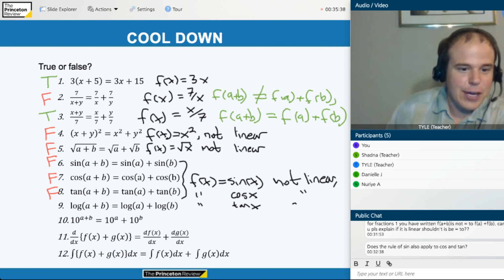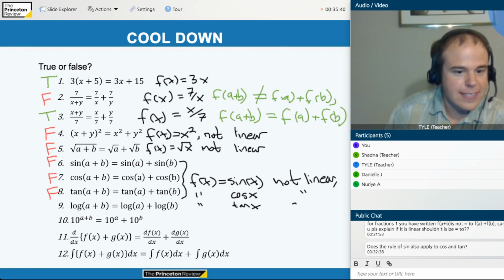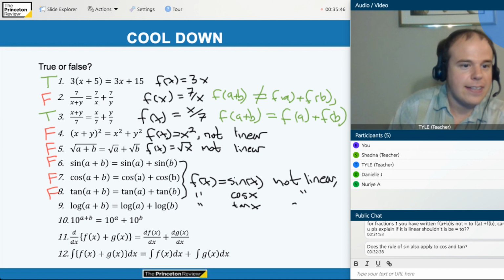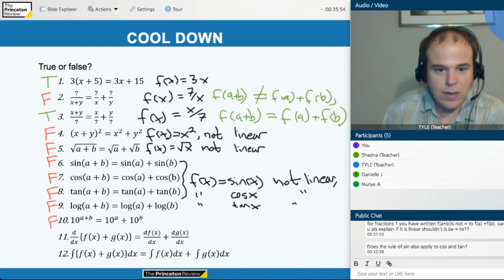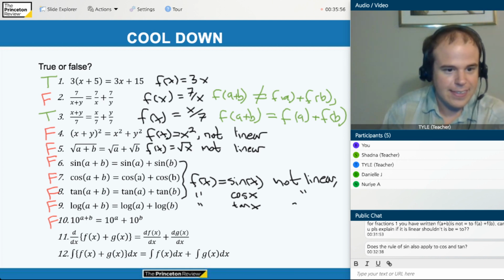All right, same thing for logs, same thing for exponents. I included these 2 calculus ones because it turns out that, here, let me finish labeling these. Like we saw in the presentation, logs and exponents are also not linear. So these don't work either.